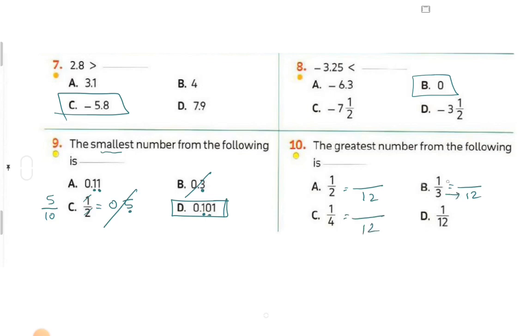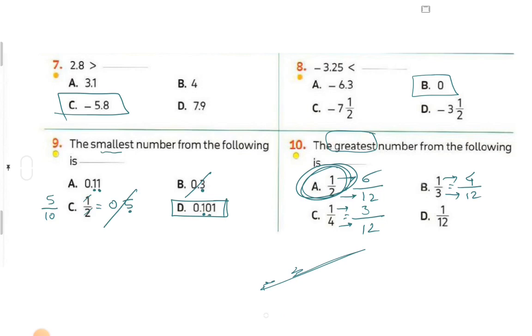He asked us about the greatest number. With alike denominators, the greatest numerator is the greatest number. The fraction with the greatest numerator is the greatest number. We have 1, 4, 6, 3. Of course, 6 over 12 is the greatest one.